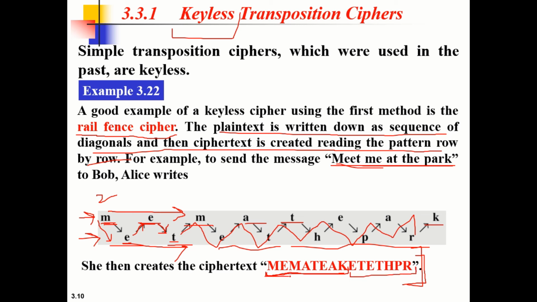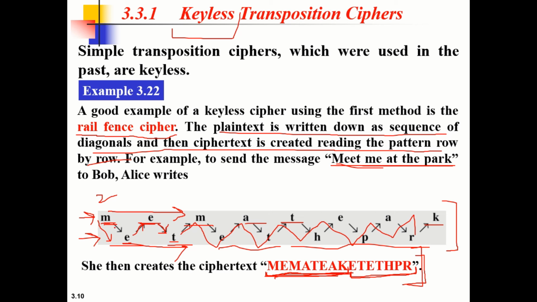Now we'll be writing them in row fashion, right? So if we write it as rows, how will we write it? This will be the first row, and then this will be the second row. Here you can see we'll get the same thing over here.